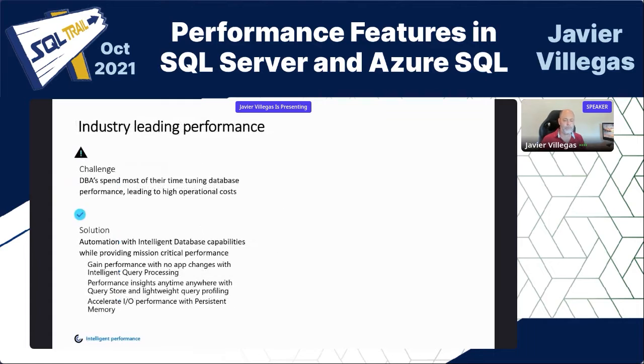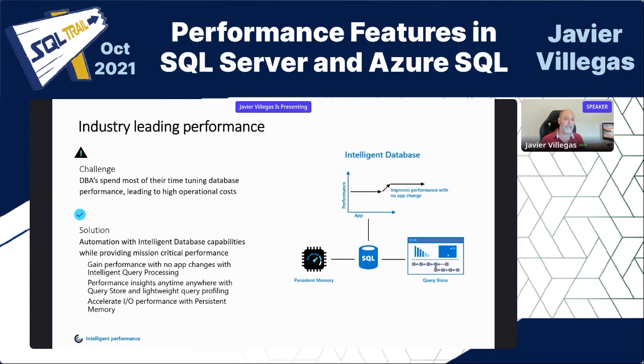So going to this concept of intelligent performance, intelligent database, remember this process that is constantly checking all the activity within my user database, and if there is something wrong, adjusting it on the fly.